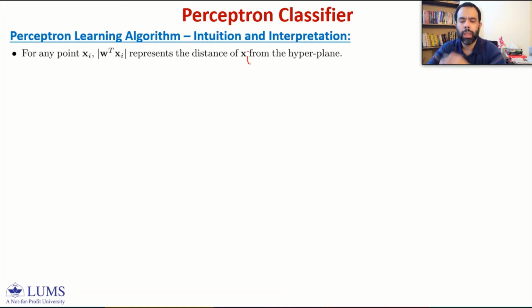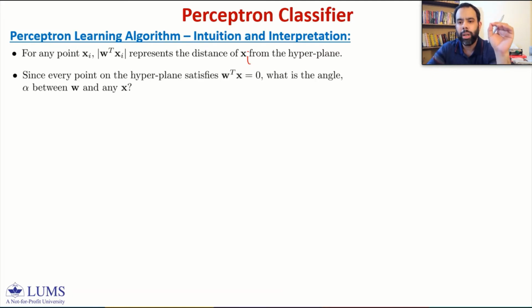First, we note that since every point on the hyperplane satisfies W transpose X equal to 0, what is the angle between W and any X on the hyperplane? How do we define the angle between 2 vectors?